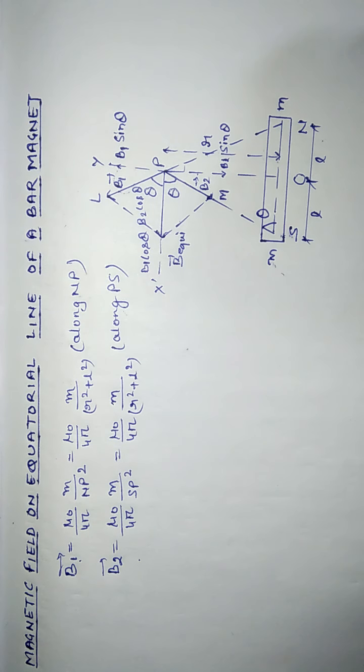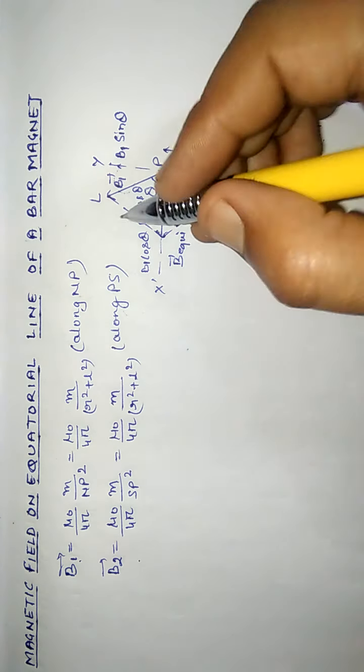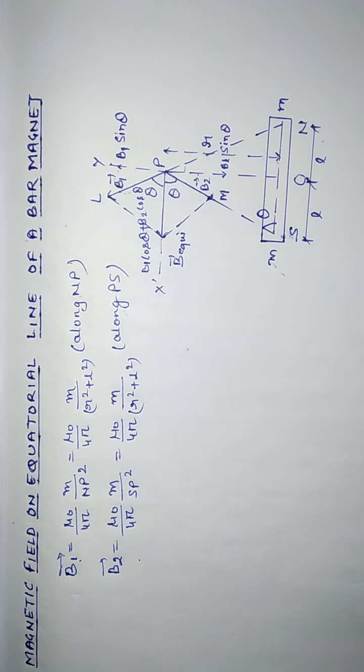Means for finding the total magnetic field at point P, we have to add these two components.